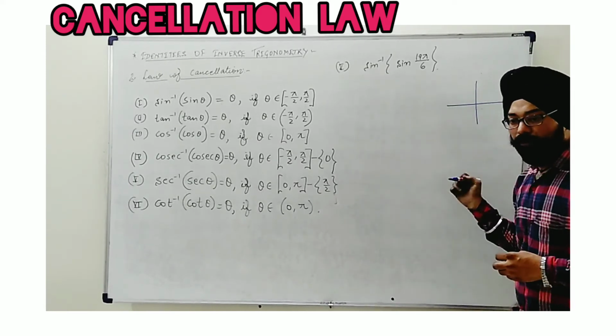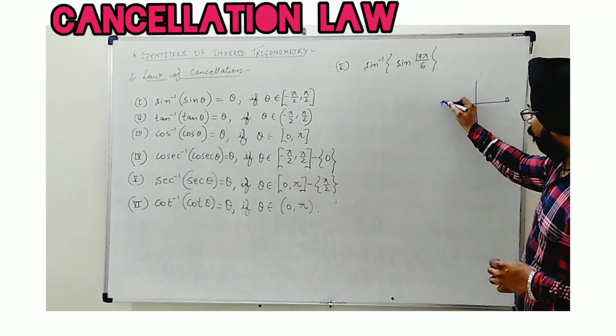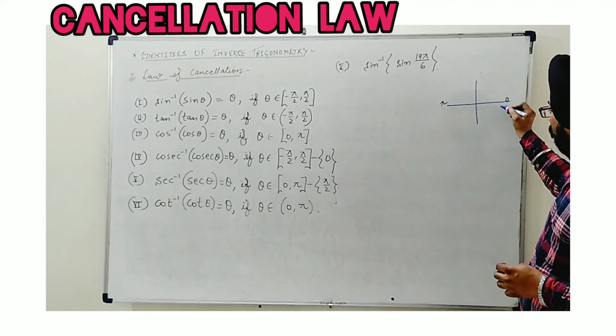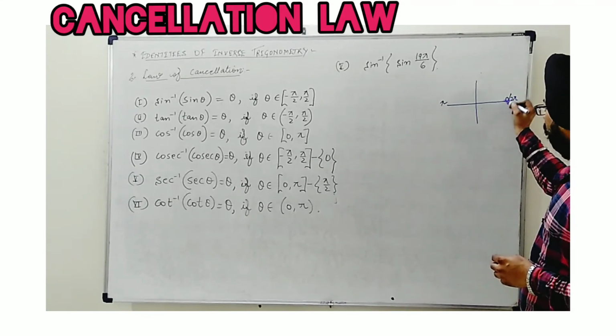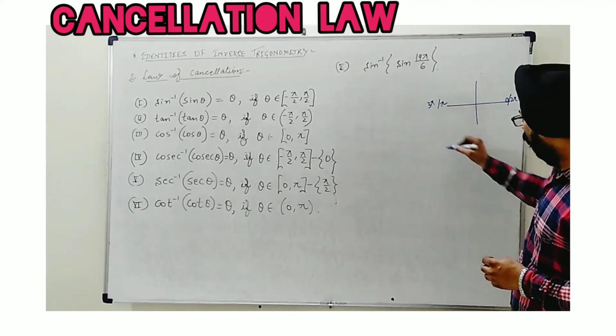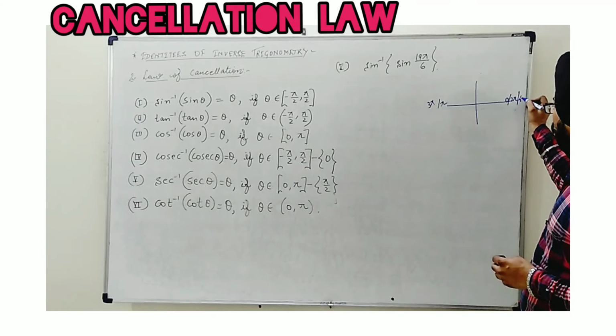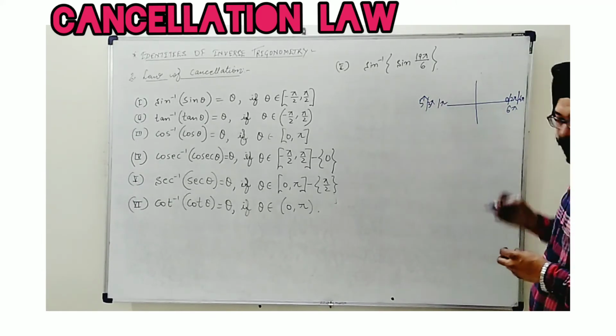Suppose I go in the positive direction, I see 0 degree, this is pi. When I complete one more 180 degree, it becomes 2 pi, one more semicircle, I get 3 pi, one more semicircle, I get 4 pi, here I get 5 pi and 6 pi and so on.